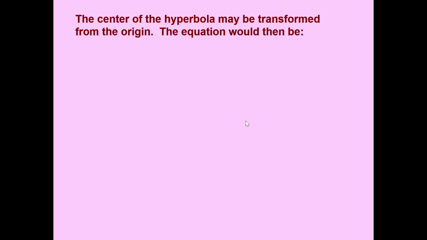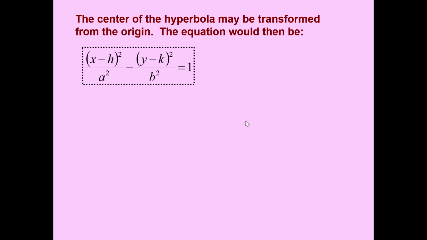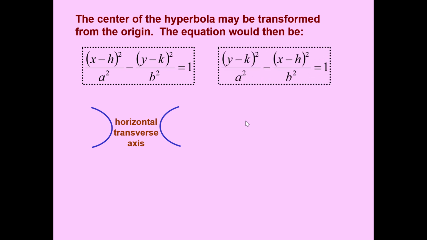The center of the hyperbola may be transformed from the origin. The equation would look like this. Notice the x squared is positive. We have here a horizontal transverse axis. In this case, notice the y squared is positive, for a vertical transverse axis.